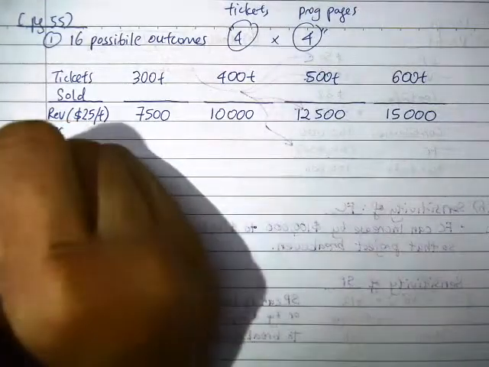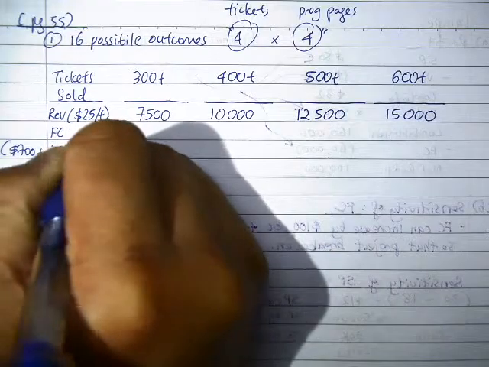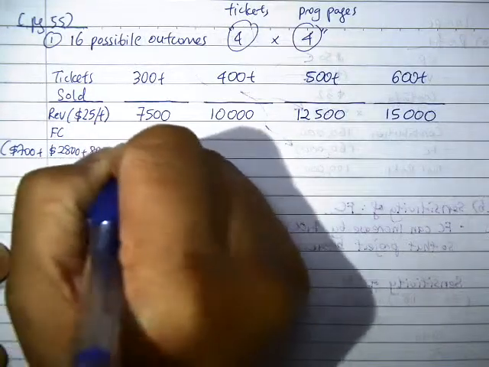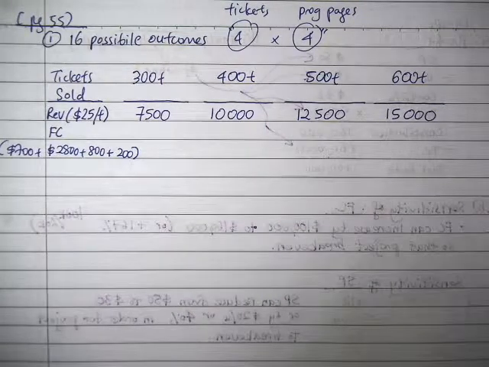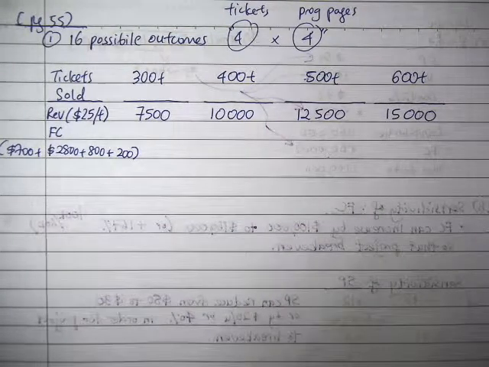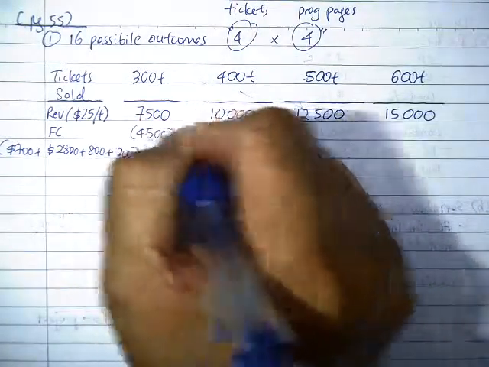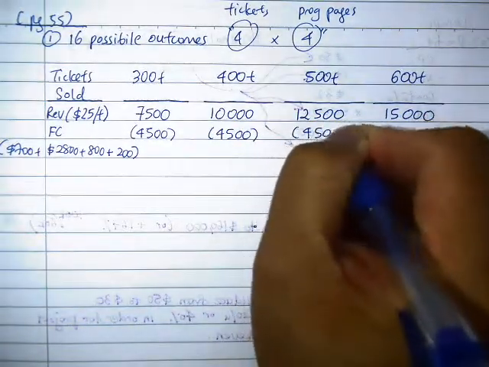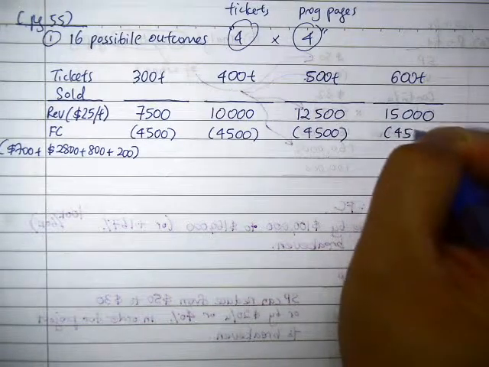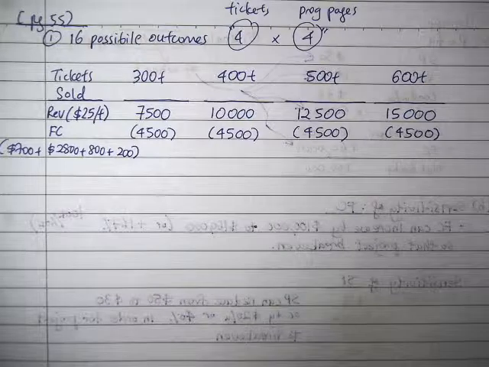Now this fixed cost is made up of 700 plus 2008 plus 800 plus 200. The 4 amounts are just the fixed cost.